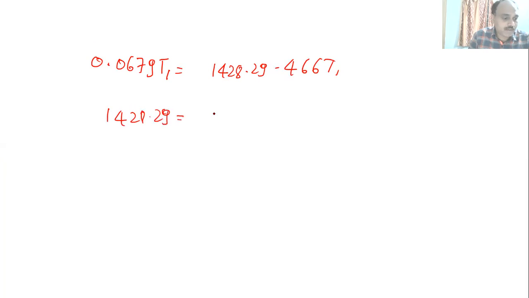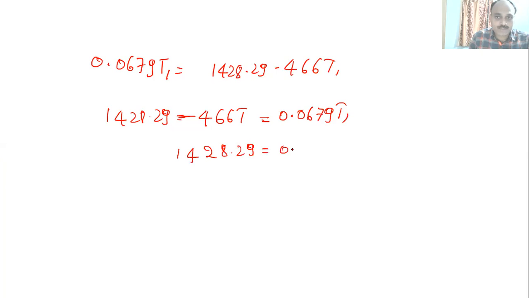Then 1428.29 minus 4.66 T1 is equal to 0.0679 T1. Then 1428.29 is equal to 0.0679 T1 plus 4.66 T1.